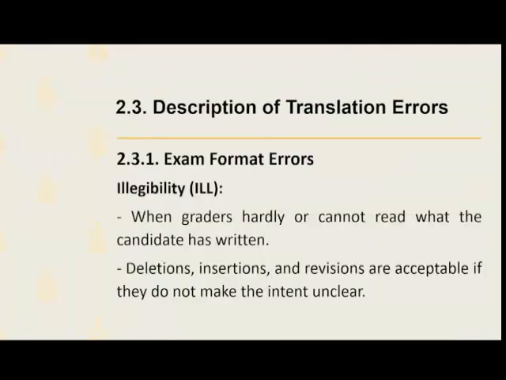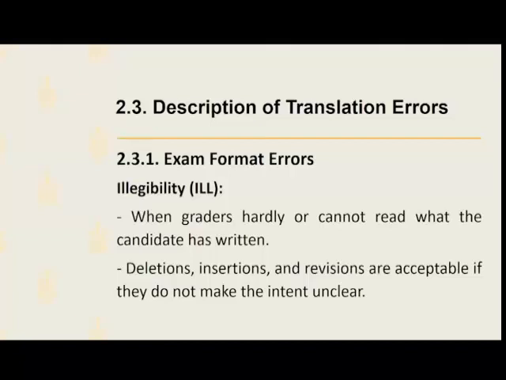And now we are going to analyze three types of exam format errors. The first type is illegibility. This error occurs when graders hardly or cannot read what the candidate has written.